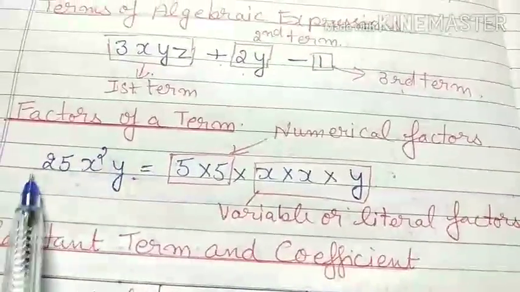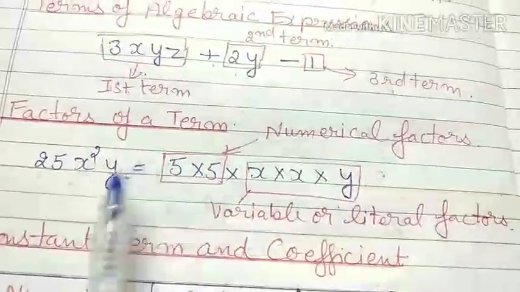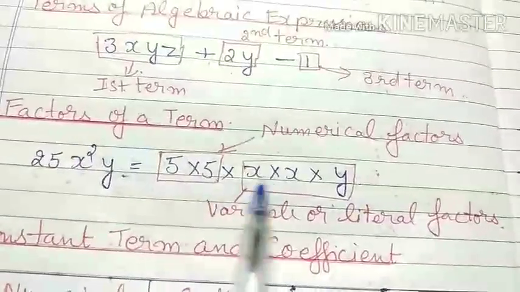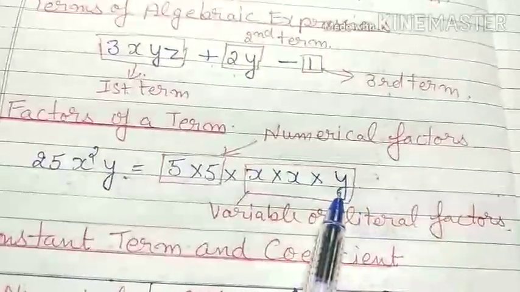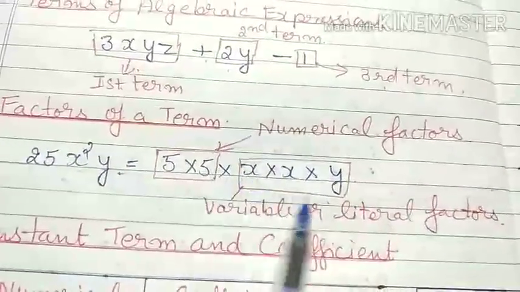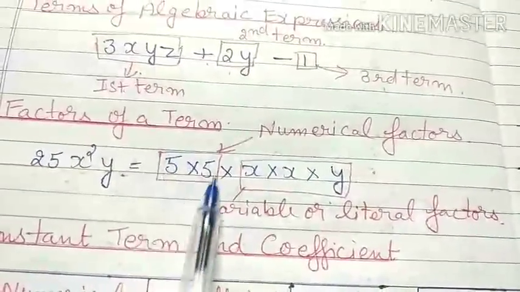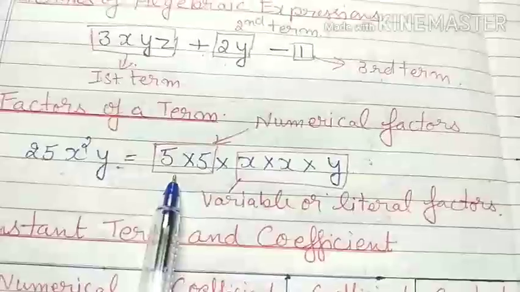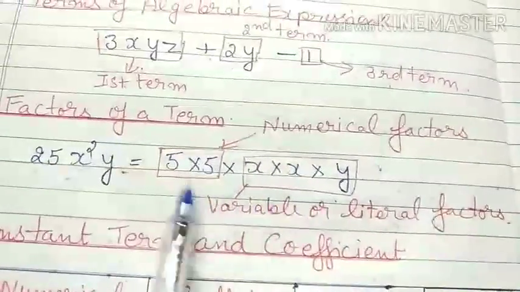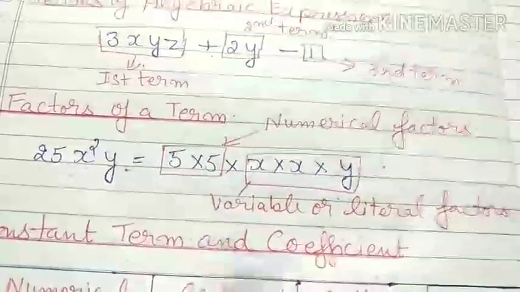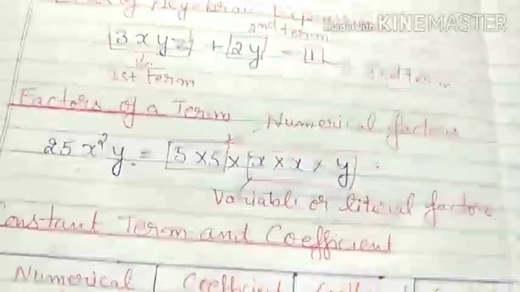When we make the factors of 25, 5 into 5, x square y is x, written 2 times, and y a single time, we call these variables or literal factors, and the other is the numerical factor. When numerical factors and variable factors are multiplied together, we call it a factor of a term.